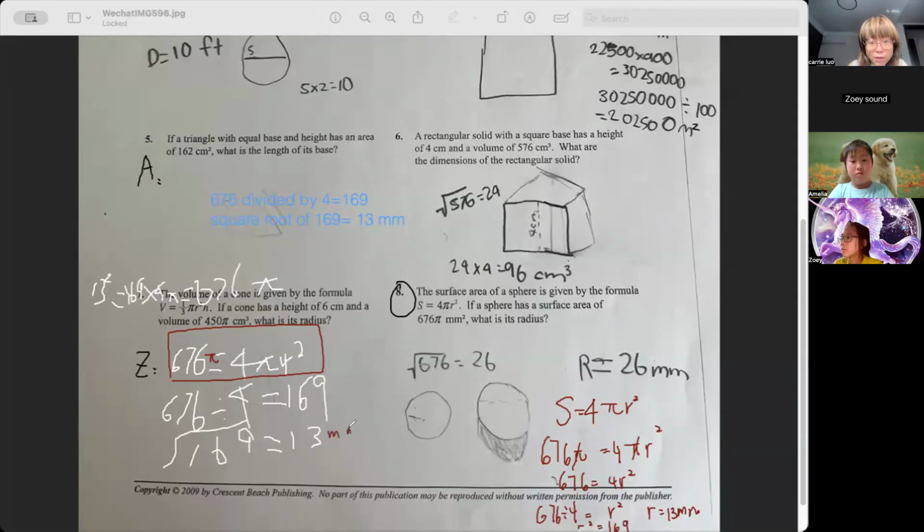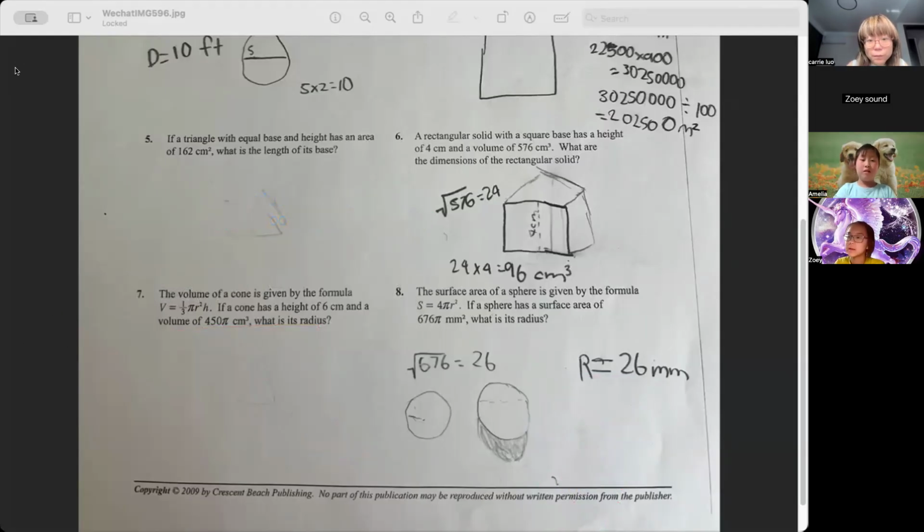Zoe, I want you to write the answer with the units. Okay, Amelia's is right, but I want to see something like that. So if you combine Amelia and Zoe's together, that would be the perfect answer. Understand? Okay.